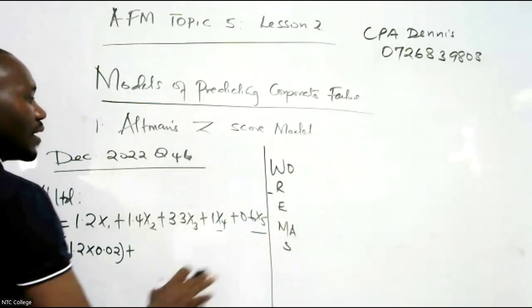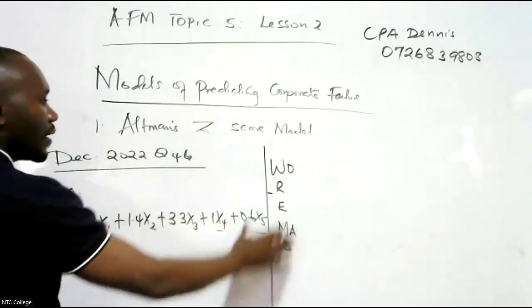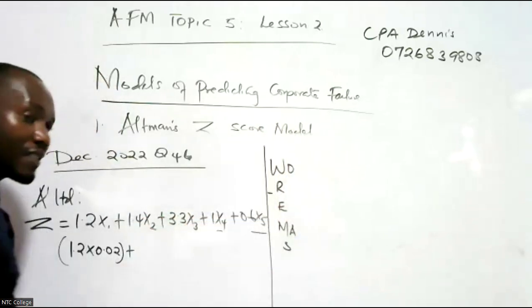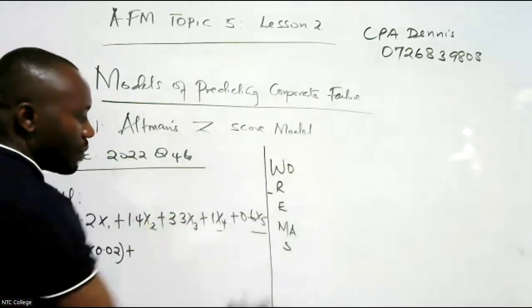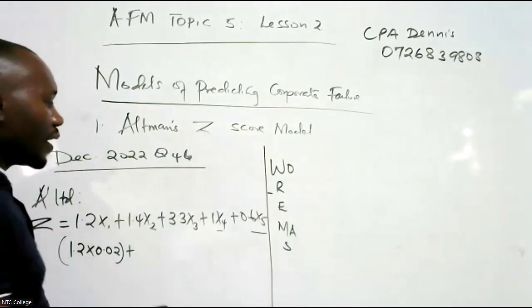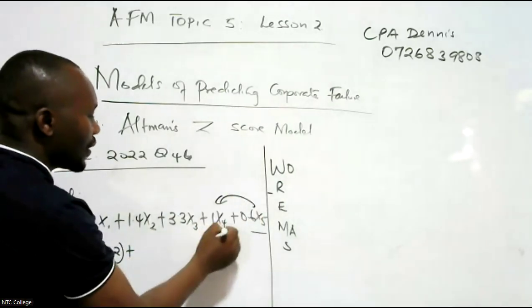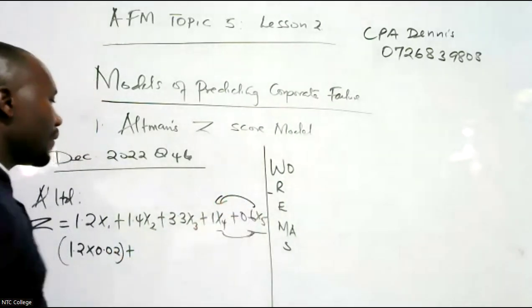Otherwise, if you're not given the formula by the examiner, use this one. But in this case, the examiner has told you that they have exchanged this one with this. So you use whatever they have given you.